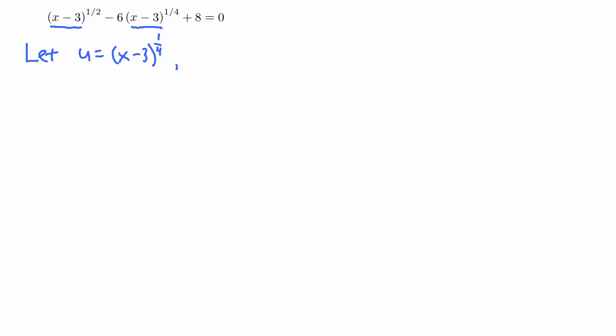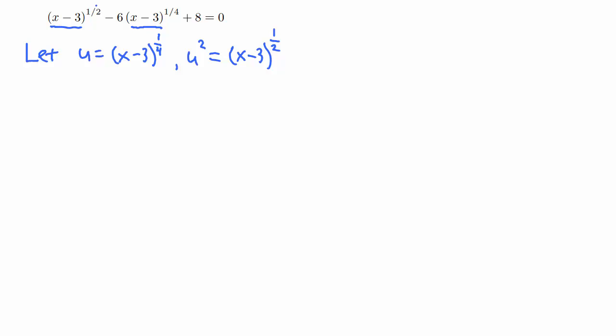Now notice that if I square both sides, u squared is equal to (x − 3)^(1/4) squared, which would mean we have an exponent to an exponent, so we multiply them. 1/4 times 2 is 1/2. So u squared is equal to (x − 3)^(1/2).